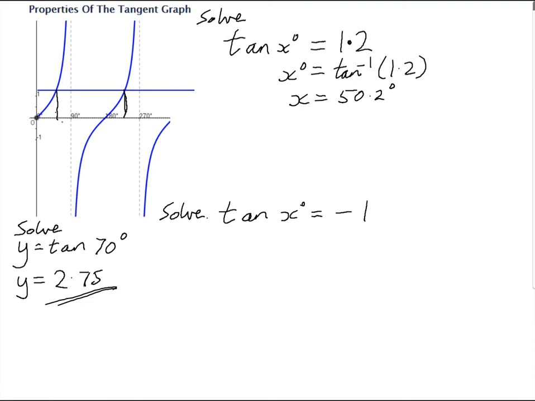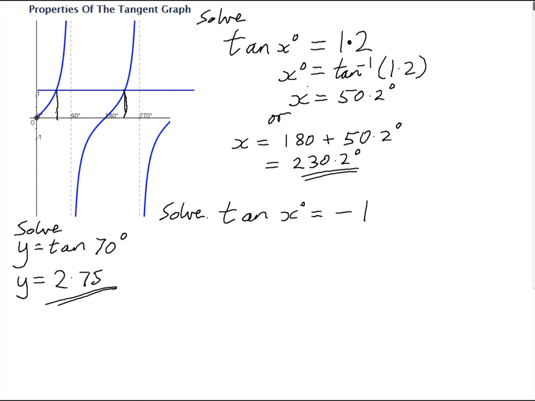So it's going to be moved to the right by the same distance. So it's going to be 180 plus that for our other solution. So our x equals 180 plus 50.2 degrees, which comes out at 230.2 degrees. So that's our 2 possible solutions, and again, that makes sense. It's just beyond halfway between my 180 and my 270.